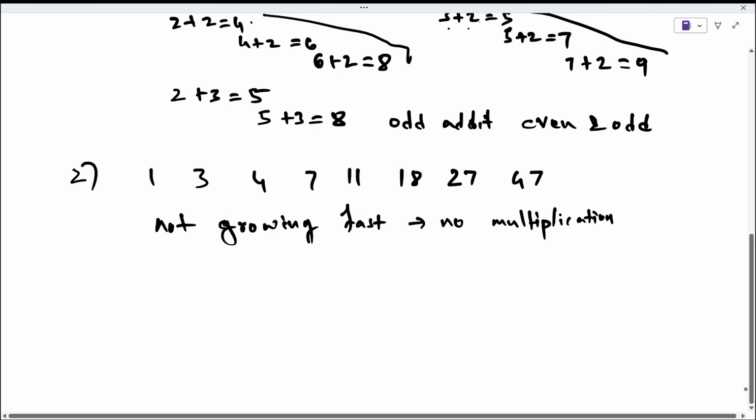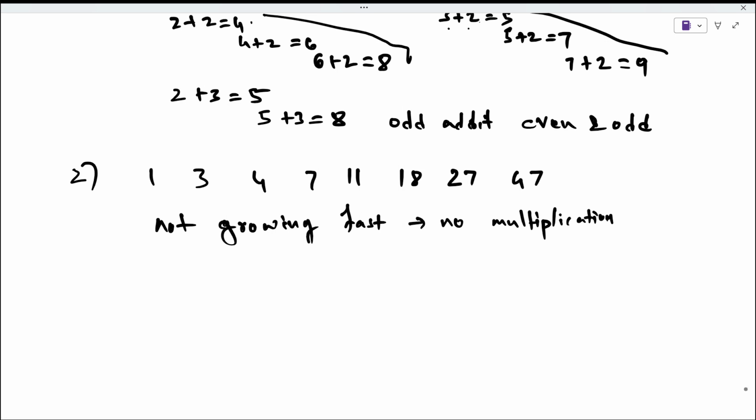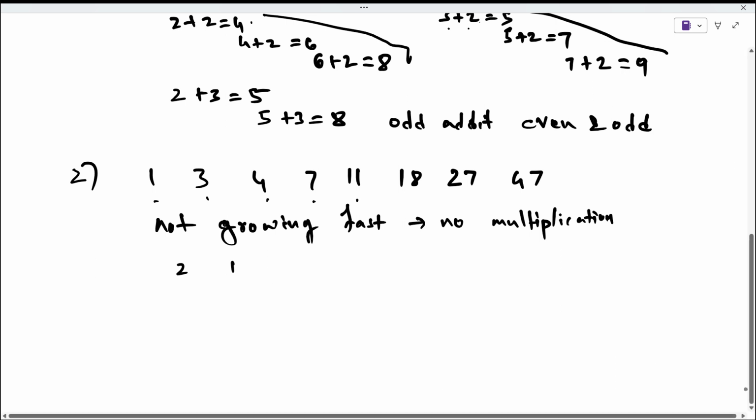There must be some addition. Let's look at what is happening. 1, 3, 4, 7. The addition is not constant. Here there's a difference of 2. Here there's a difference of 1. Here there's a difference of 3. Here 4. Here 7, etc.